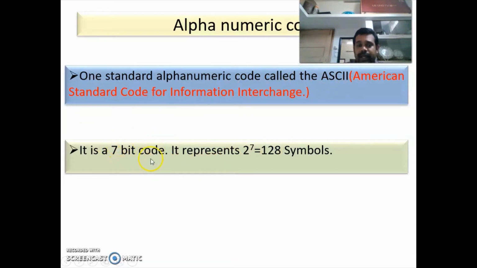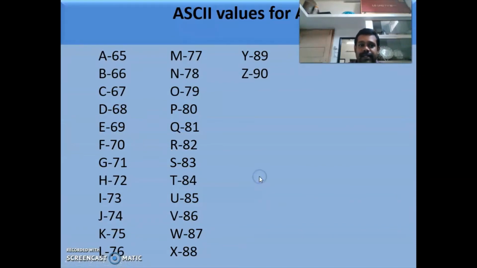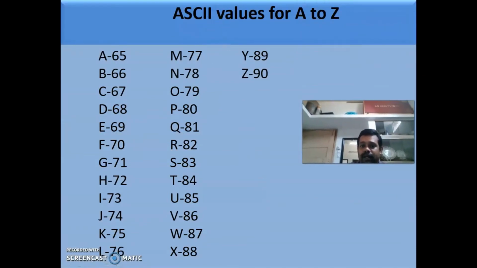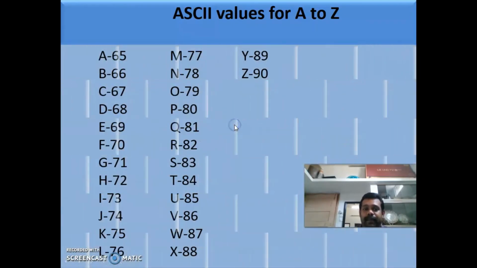We know that with 7 bits we can represent 128 symbols, that is, 2 to the power 7 is 128. Now the ASCII values for capital A to Z. For capital A, the ASCII value is 65, for capital B it is 66, and for capital Z it is 90.